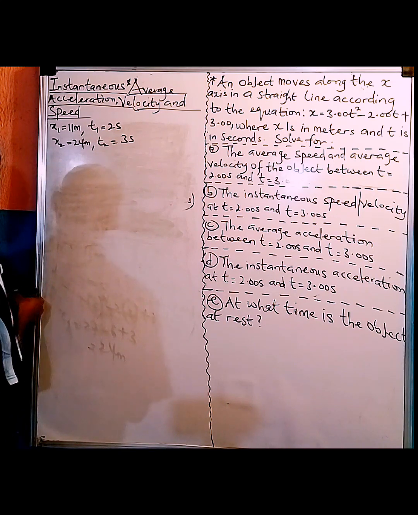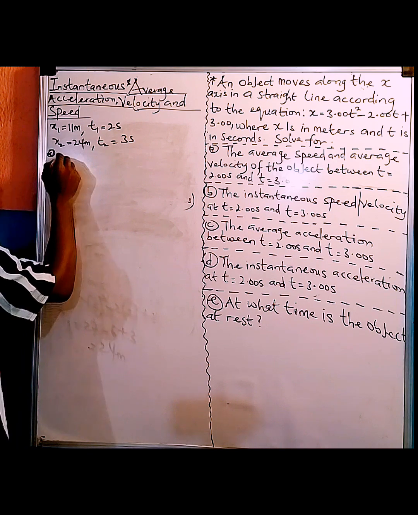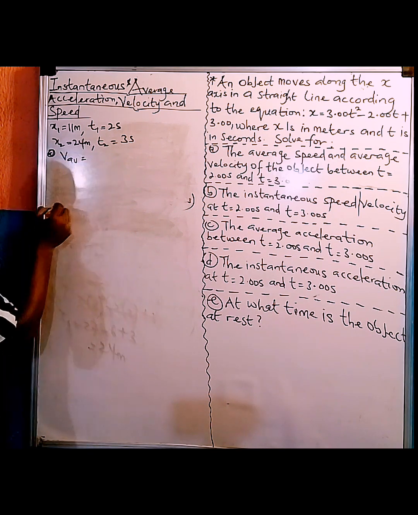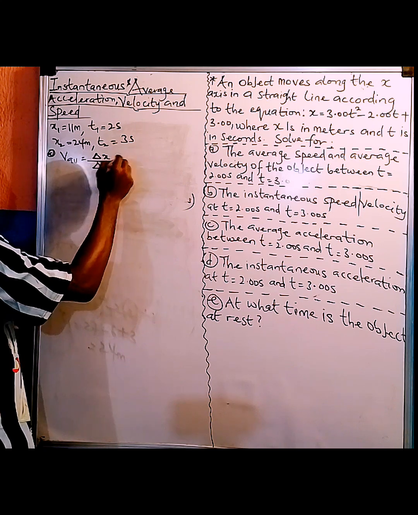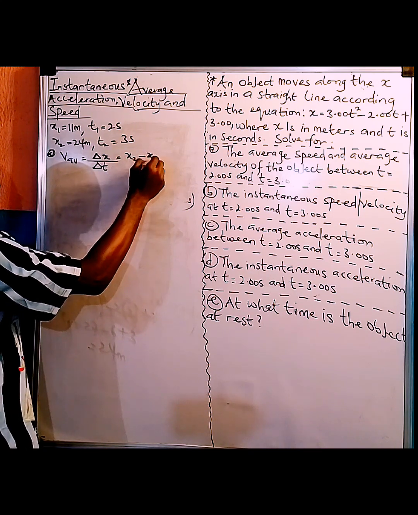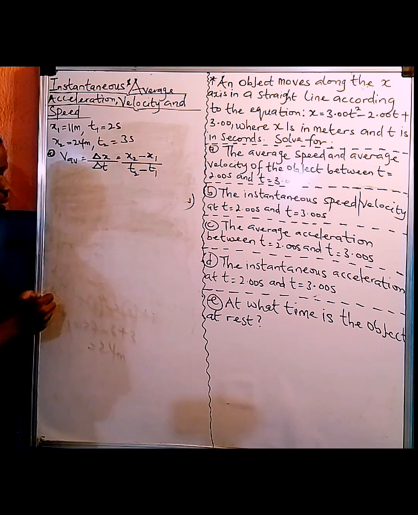So don't forget, the first question is average velocity and average speed. Average velocity is change in displacement over change in time taken. So displacement 2 minus displacement 1 over time 2 minus time 1.